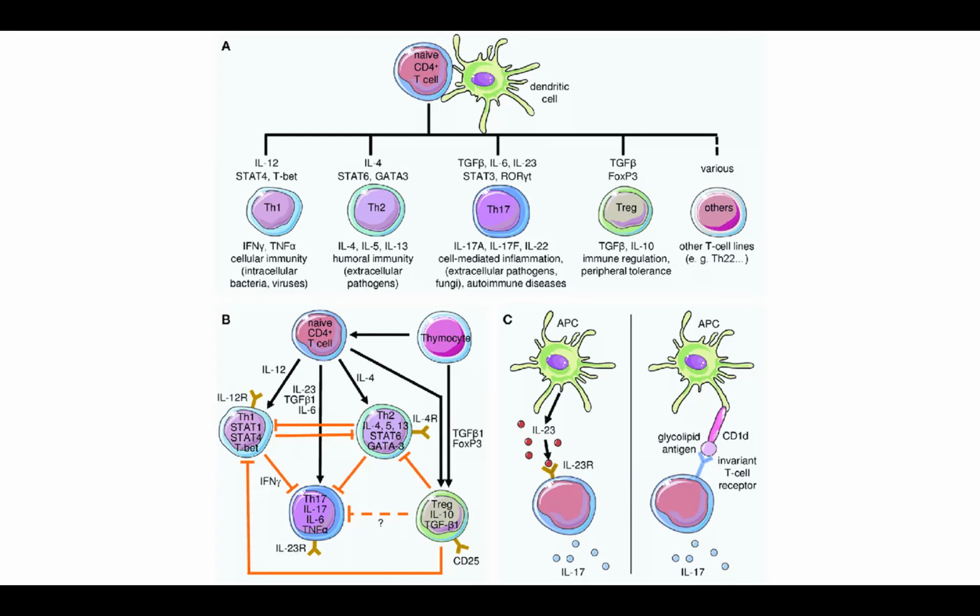All right, and this is another way where it can produce IL-17. Okay, so we spent a lot of time on this slide to understand the complexity of naive CD4s turning into Th1s, Th2s, Th17s, and Tregs, and how this interplay between them can be inhibitory.